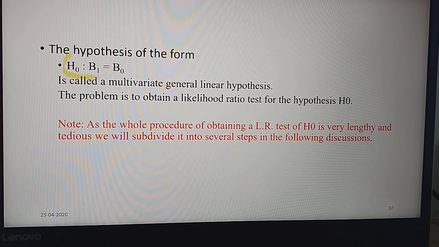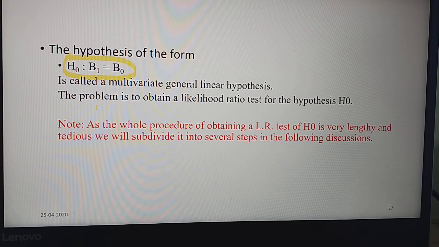So this is the definition of the general linear hypothesis, H naught: B1 is equal to B naught. Our problem in this general linear hypothesis is to obtain a likelihood ratio test for the hypothesis H naught. Getting a likelihood ratio test of H naught is a very long and tedious process.